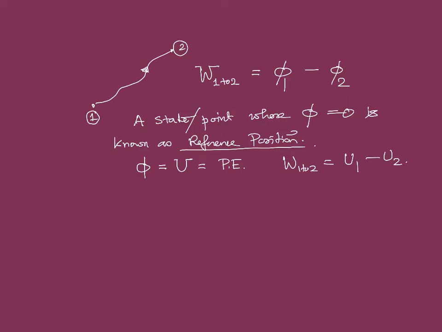A simple example I will give you. Say this is the ground and there is a ball of mass m. So the gravity force on the ball is coming this way down, mg. Now say consider this point as 1 and the point on the ground as 2. The height is given as h.